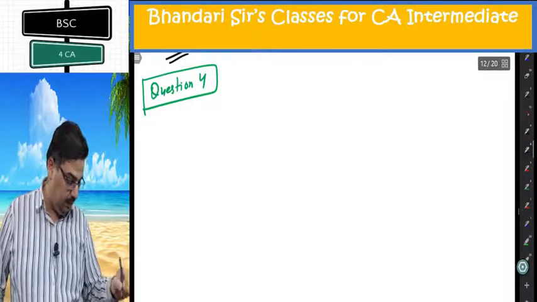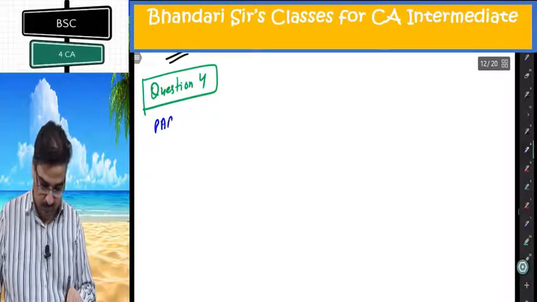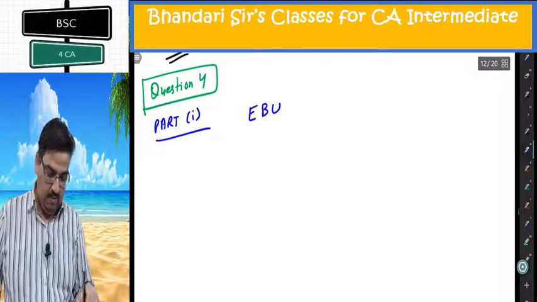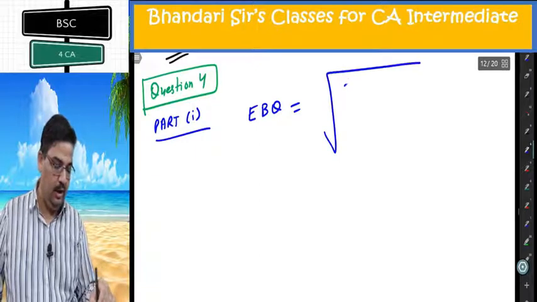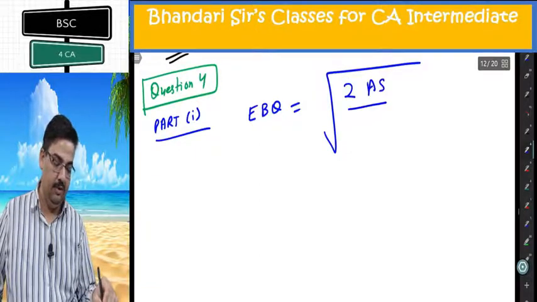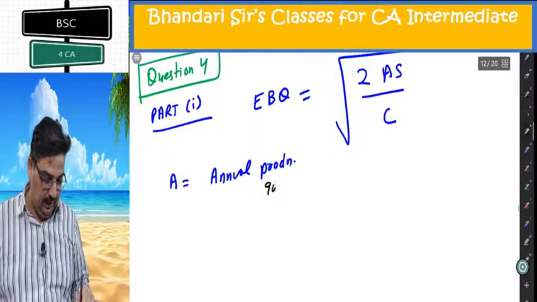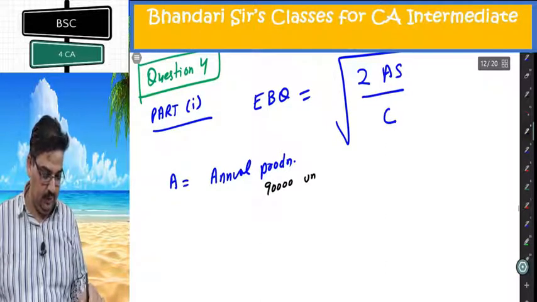Look at part 1. EBQ is equal to under root 2AS divided by C. A is the annual production, 90,000 units.